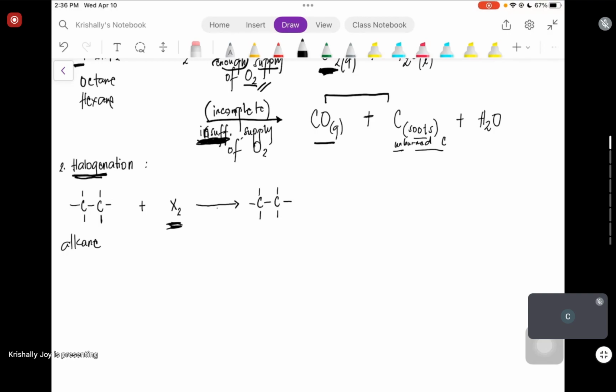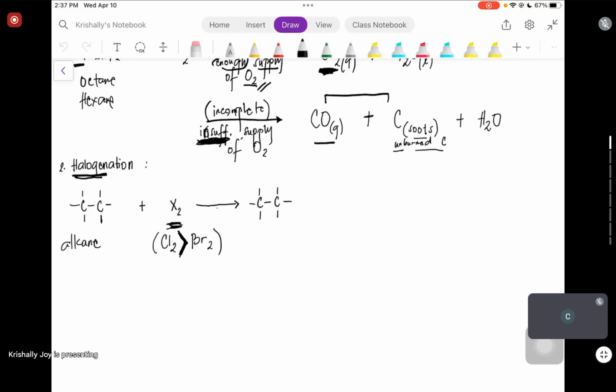And halogen is a diatomic, di ba, they occur as diatoms in nature, in the environment. The most common halogens being used during halogenation are chlorine gas and also bromine gas. But based on reactivity, chlorine gas is more reactive than bromine gas.